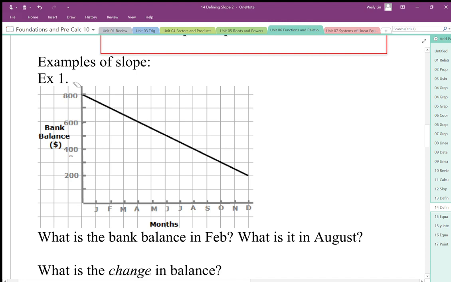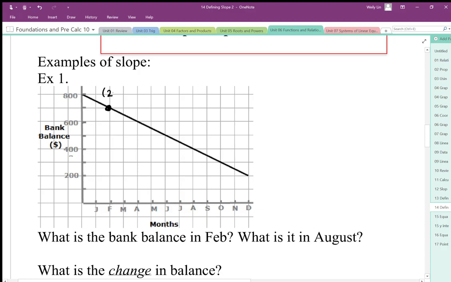This is a relationship that relates the number of months to the balance in a bank account. So when we look at the balance of this bank account in February, it looks like it's $700 in February.